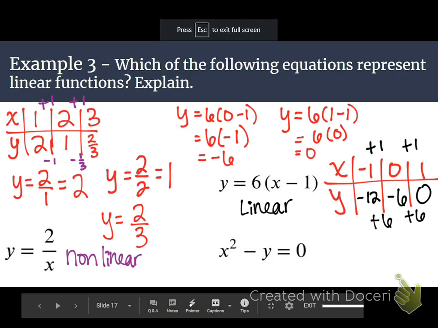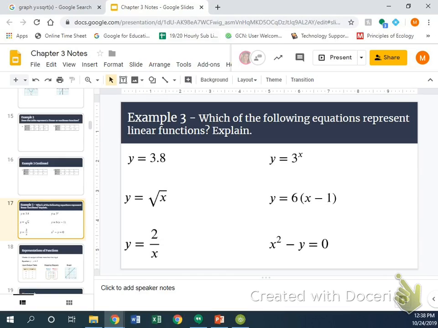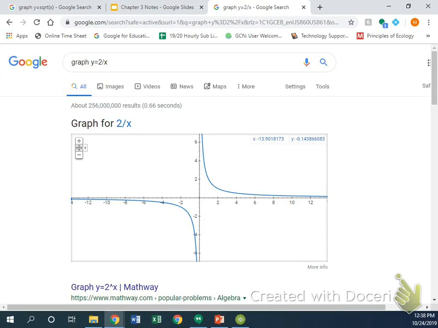So let me show you what the graph of that looks like, and you'll see why 0 is not an option here. Okay, this is the graph. This is not something that we would ever graph. But you can see this blue line up here and down here.